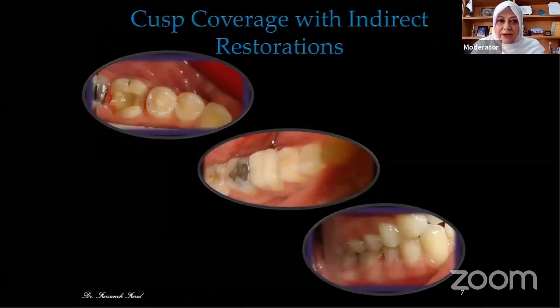If the cavity is larger, however, and more than 50% of tooth structure has remained, we should restore it with indirect restorations, and we should cover the cusps. It is not enough to just restore it with direct restorative materials. We will talk about it later.